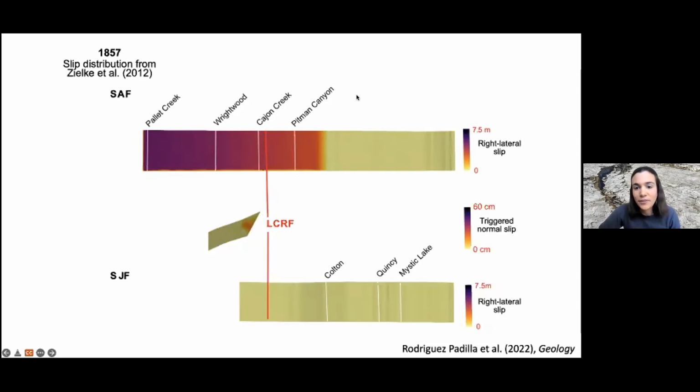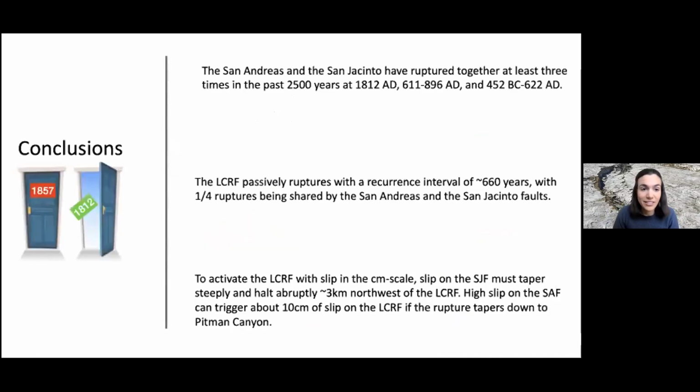So looking at these model results, the 1812 event is still the strongest candidate. But again, this doesn't mean that we can't have slip on the LCRF from ruptures on the San Andreas only and some slip on the San Jacinto. But again, because the slip we observe in the trench is so large, it is unlikely that the 1857 event is there. Further supported by that pollen data that showed us that it's likely to be 1812.